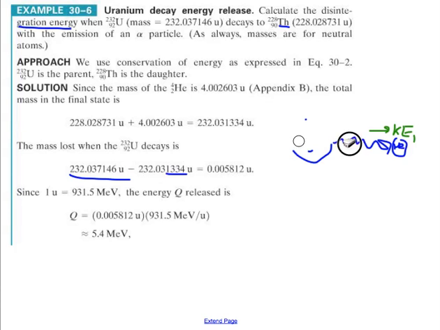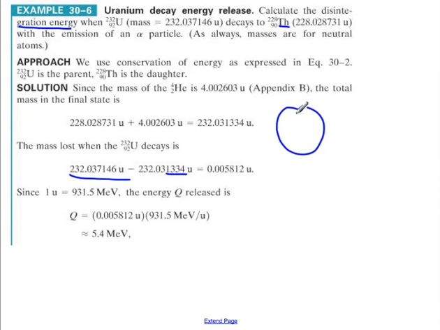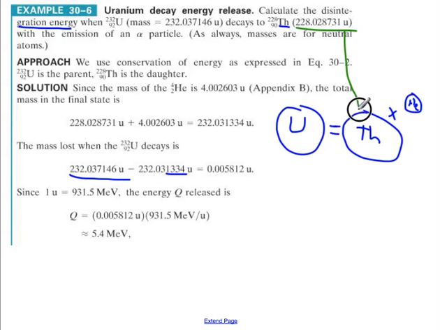So I need to draw a new picture. So let me think of drawing it like this. You've got uranium, and then after the reaction, after it emits that alpha particle, it becomes thorium plus some little helium nucleus. Okay? So what we're doing first is looking at the products and saying, well, this guy was that 228. That's how much his mass is now.